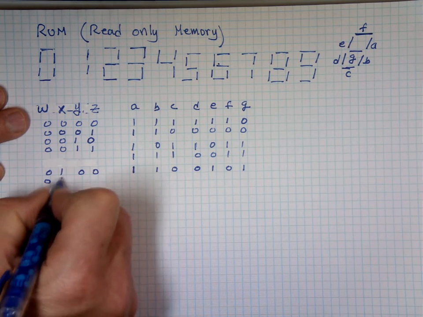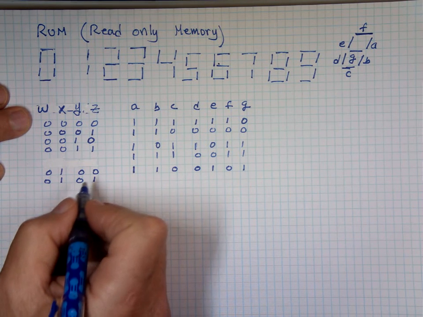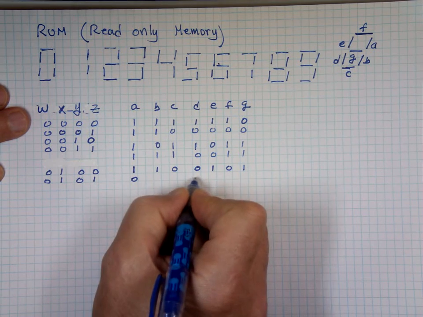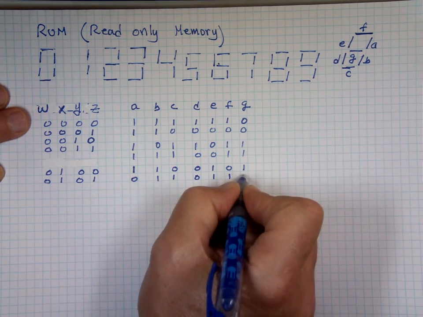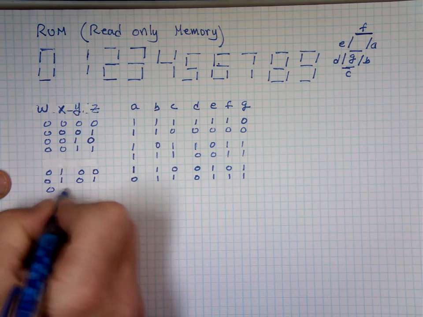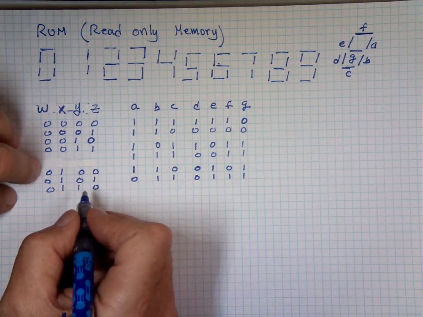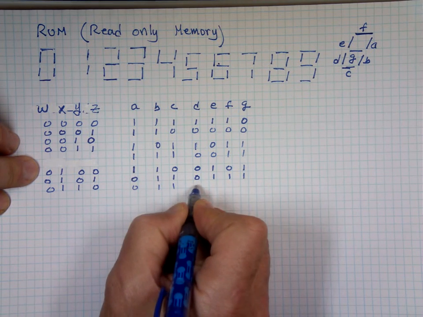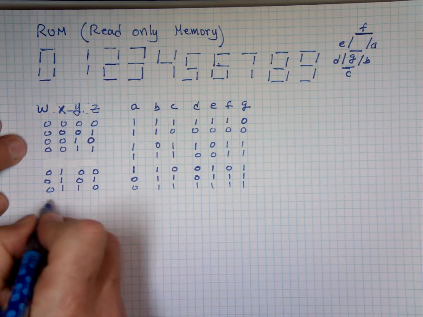0, 1, 0, 1, 5. 5, A and D off. A and D. 6. All of them on except A. 7.